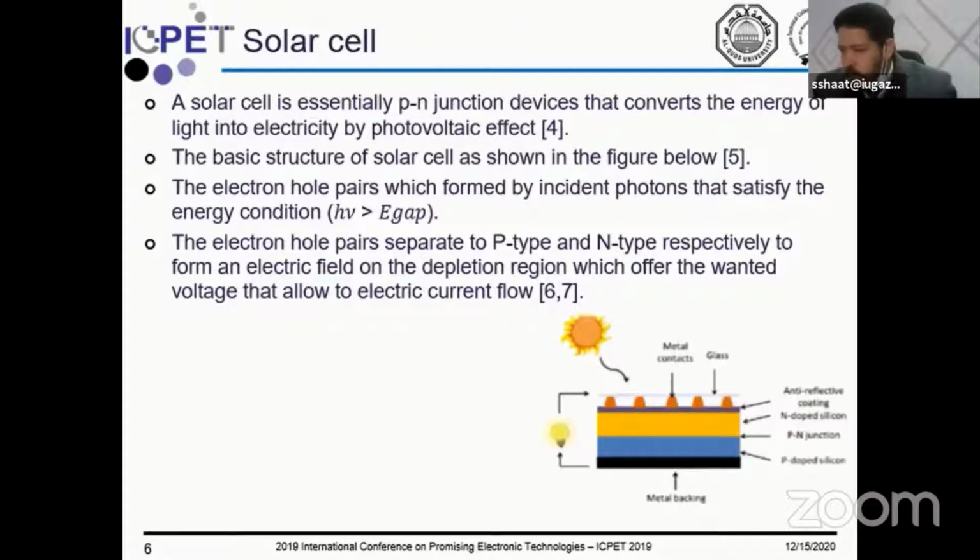The electron hole pairs separate to p type and n type respectively to form an electric field in the depletion region, which offers the wanted voltage that allows the electric current to flow.